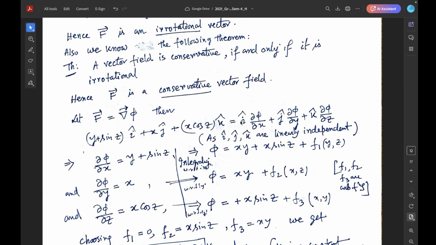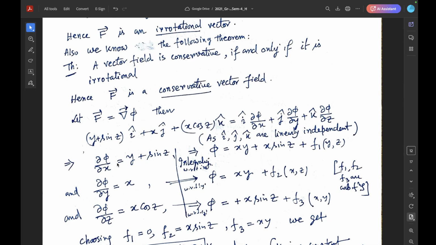Grad phi means i cap del del x phi plus j cap del del y phi plus k cap del del z phi. Since i cap, j cap, k cap are linearly independent, we can compare the components of i cap, j cap and k cap on both sides. So del x phi equals y plus sin z, del y phi equals x, and del z phi equals x cos z.